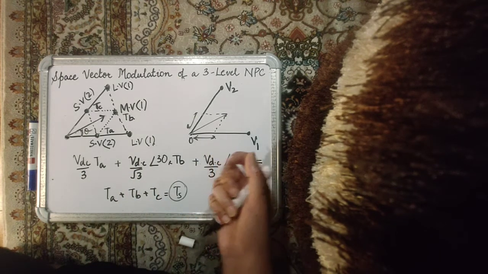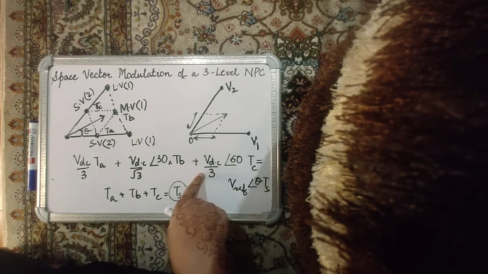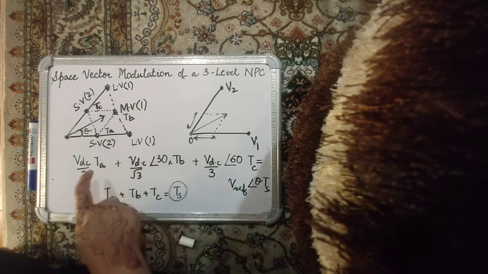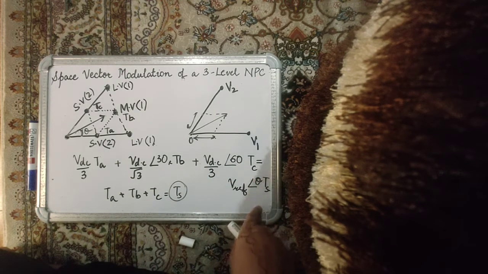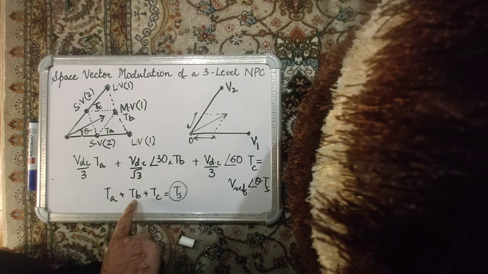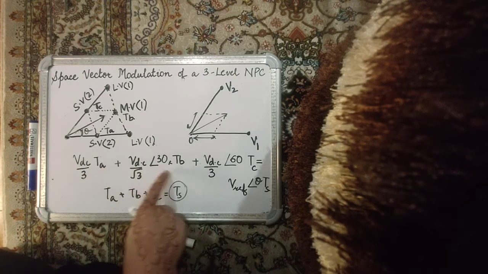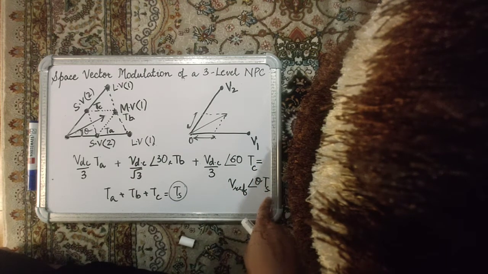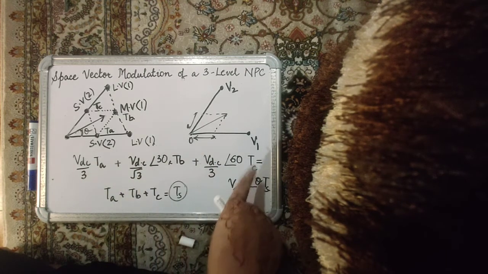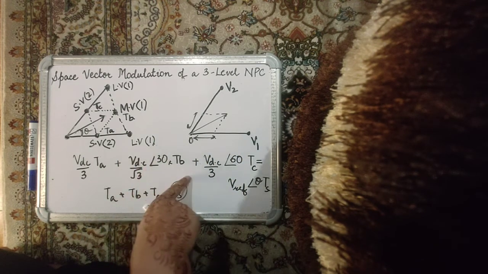You have a reference space phasor, which is what you want from the converter, and you know the available DC voltage. So what is unknown is ta, tb and tc. In terms of Ts, you have two equations: ta plus tb plus tc is equal to Ts, and V1 t1 plus V2 t2 plus V3 t3 is equal to Vref Ts, in the complex domain. You equate their real and imaginary parts.